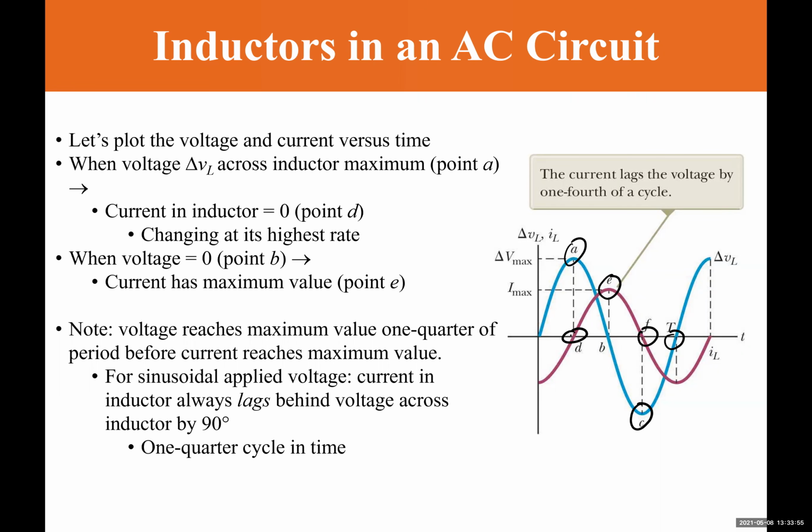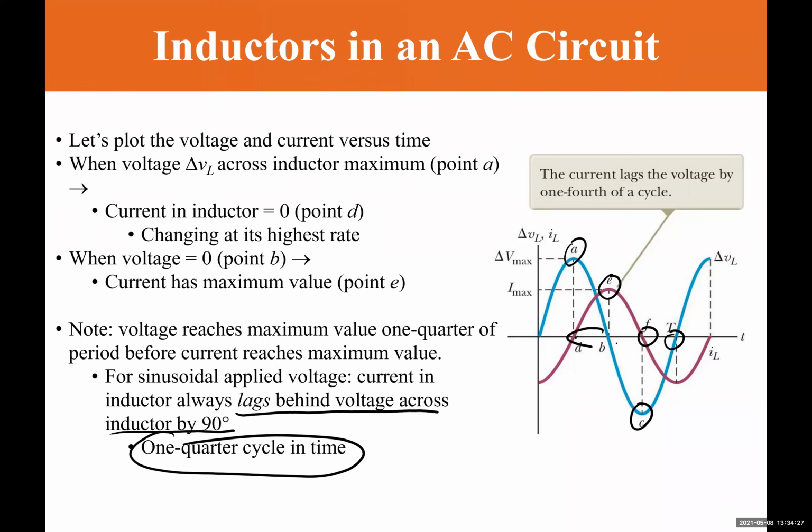All right, so because of that, we can say that the current in the inductor always lags behind the voltage by 90 degrees. That means it lags behind the voltage by 90 degrees, or pi over 2, which is 1/4 of a cycle in time. The voltage reaches its maximum value 1/4 of a period before the current reaches its maximum.